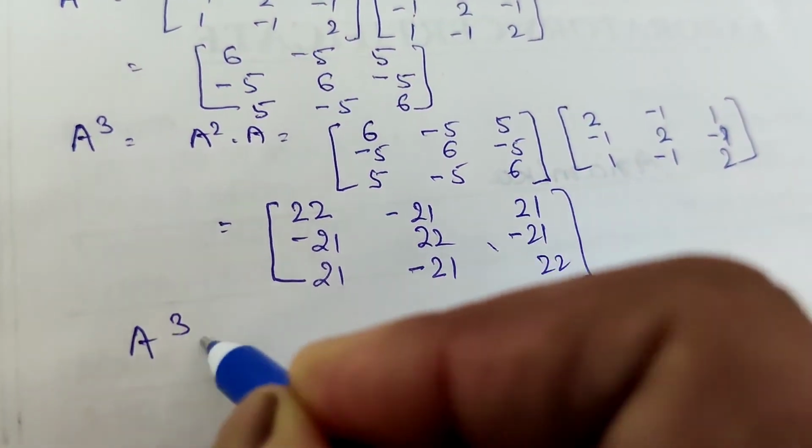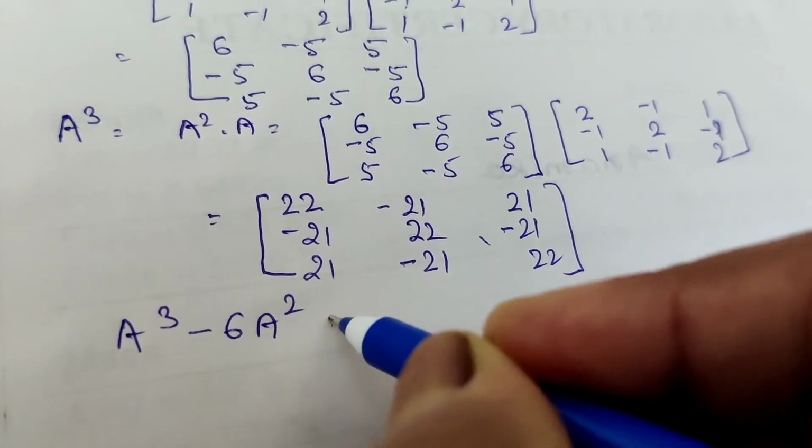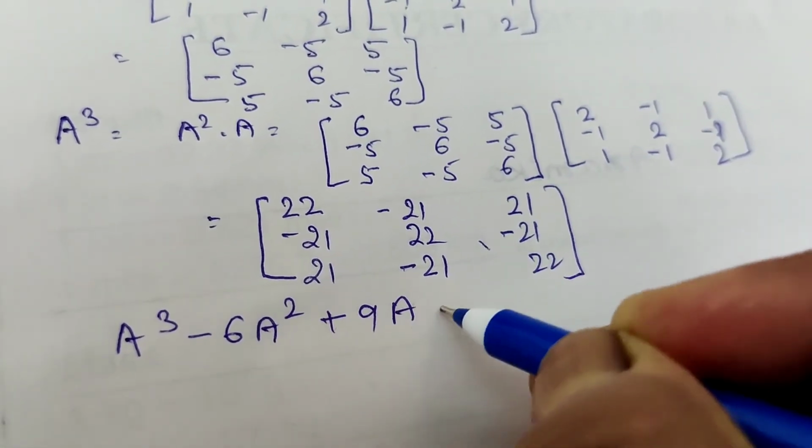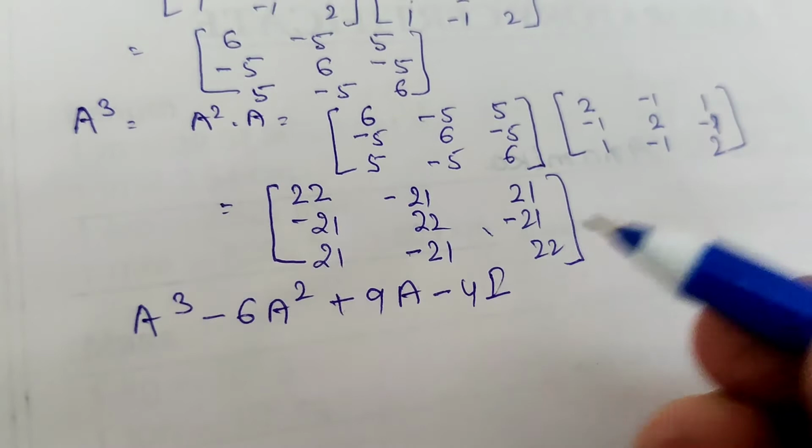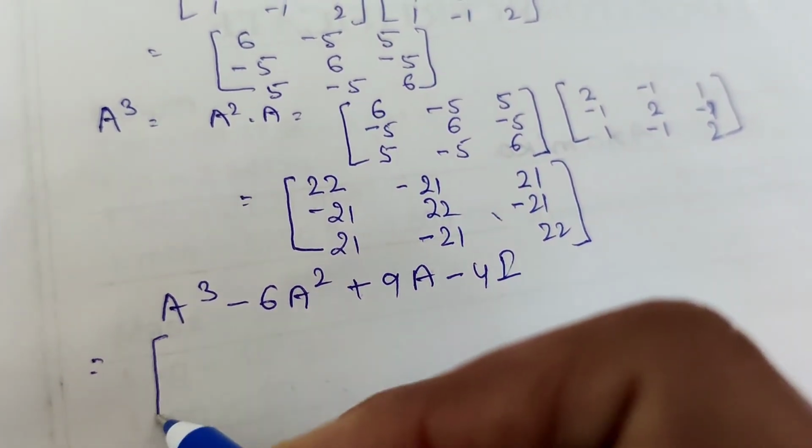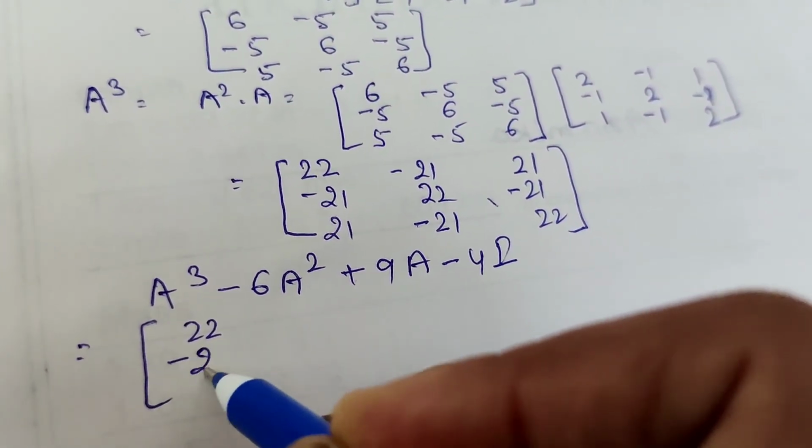A cube minus 6A square plus 9A minus 4I. Okay. A cube 22, minus 21, 21.